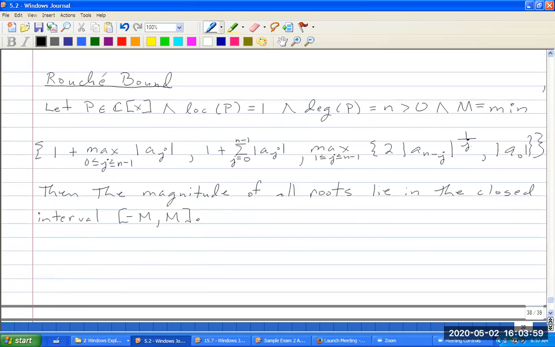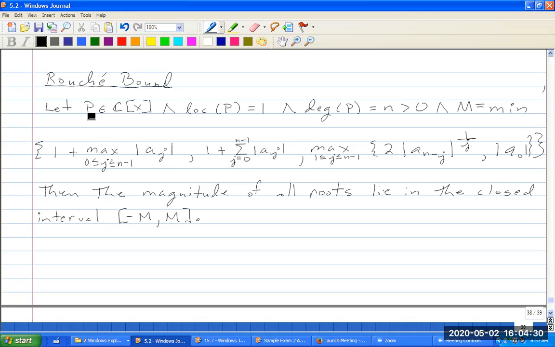Let me do Roche's bound. And so let P be a polynomial, in this case, with complex coefficients. Let the leading order coefficient of the polynomial be 1, so it's a monic polynomial. Let the degree of the polynomial be greater than 0, and so that means that this is a non-constant polynomial.